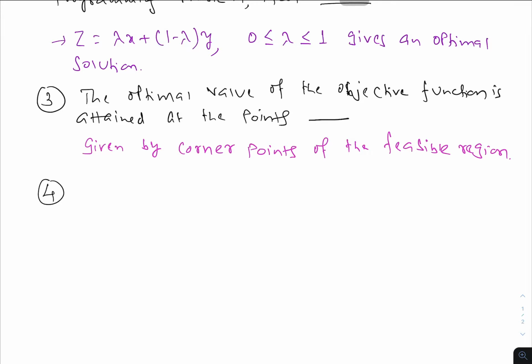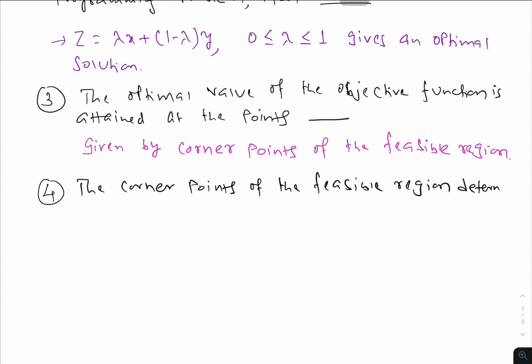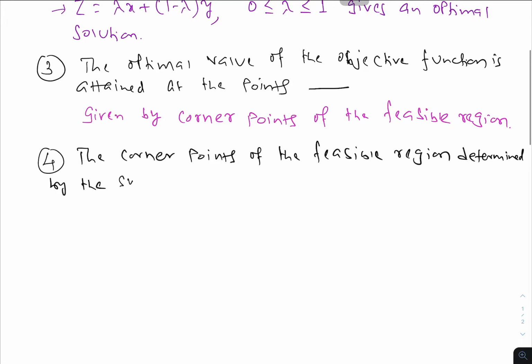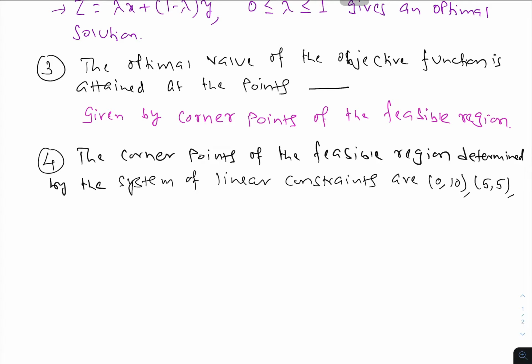Next, the corner points of the feasible region determined by the system of linear constraints are 0 10, 5 5, 15 15, 0 20.